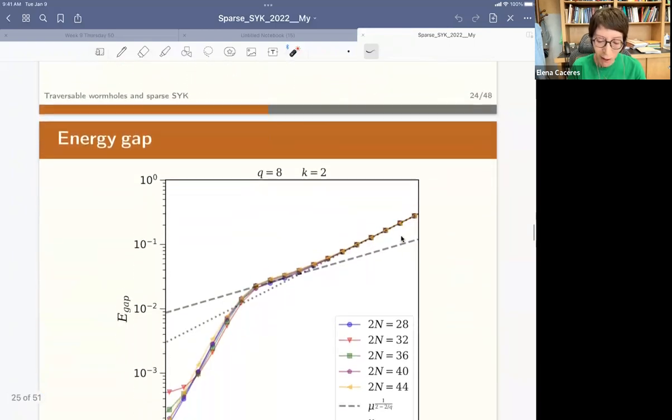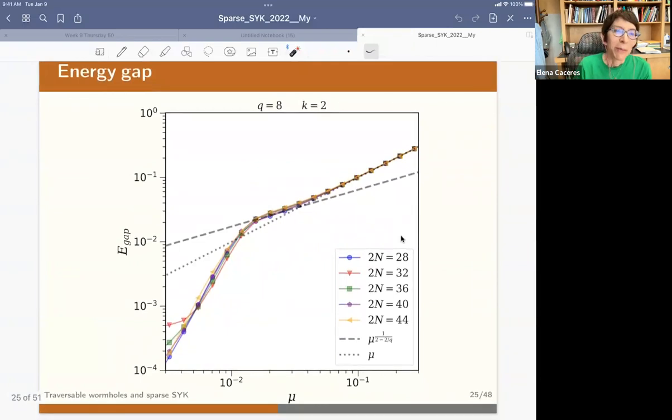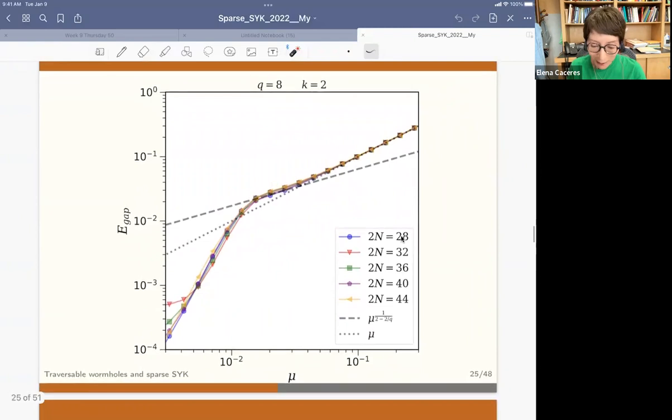So the question now is, what happens with the sparse SYK? These are numerics thanks to my student Anderson Mitsubishi. And this is the nice result. This is Q equals 8, K equals 2. Just taking the indication of K from the hypergraphs, we said, let's try K equals 2. And what are we seeing here? This is the linear scaling with mu, and this is the one that has the weird power.